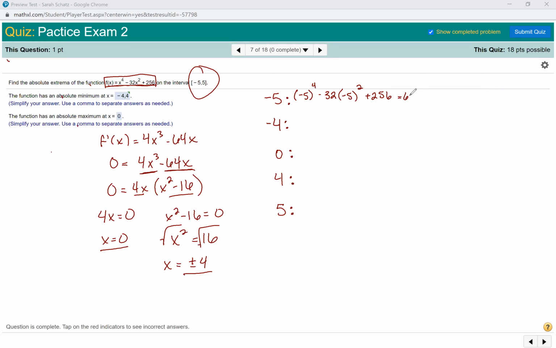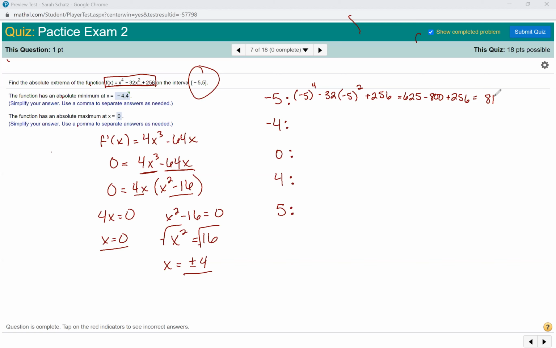So you know that's positive 625 because we took it to the 4th power. This is minus 32 times 25, and it'll be positive 25. So this is minus 800, and then we have plus 256. So we end up with 625 minus 800 plus 256. I got 81. So you guys, I got 81 here.